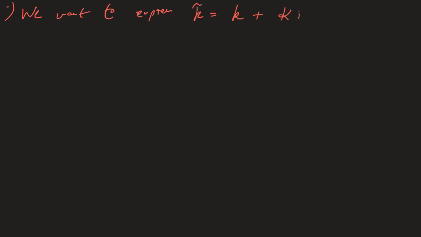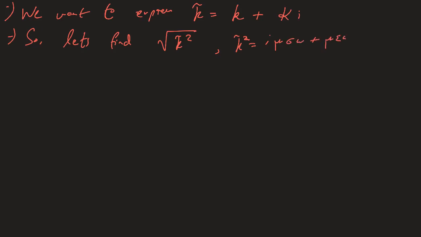With an i, okay? So let's find the square root of k tilde squared, where we know k tilde squared is equal to i times mu sigma omega plus mu epsilon omega squared.